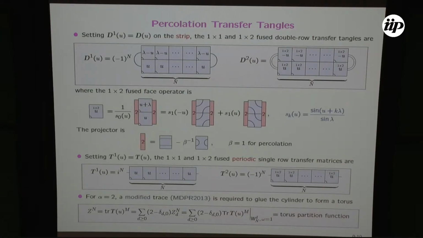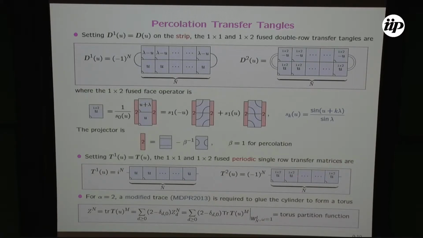Now on the strip, at some point we're going to need to close the strip to form a cylinder. To do that, you just use the usual matrix naive trace. That doesn't work when you want to close the cylinder to form a torus.